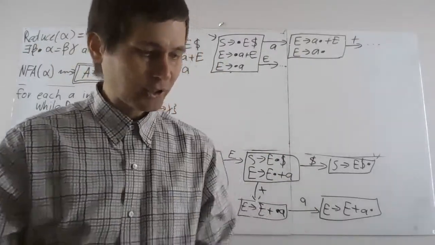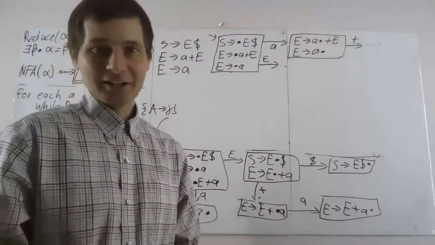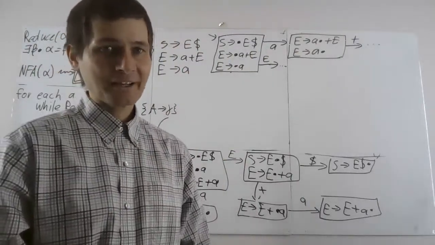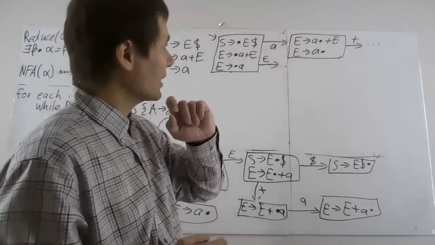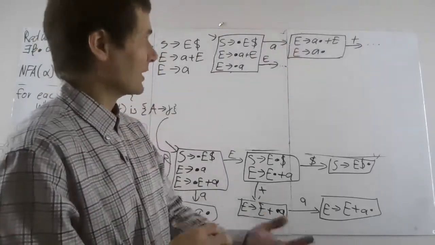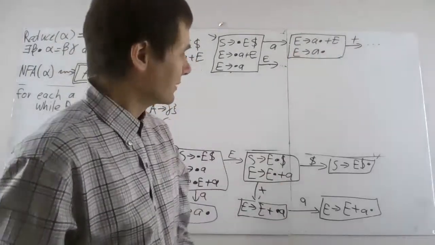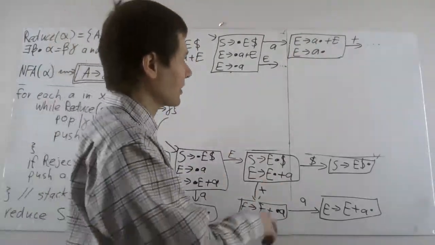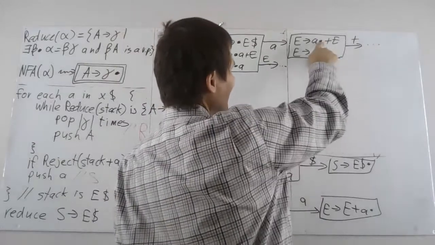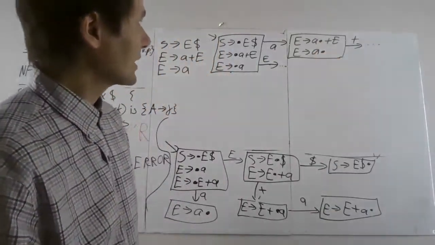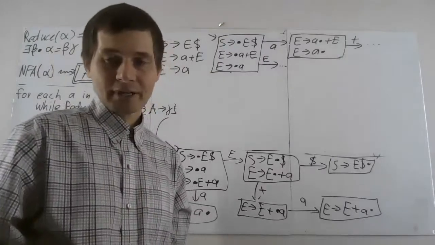I probably should, and I'll let you build the whole DFA as an exercise. But to demonstrate the issue, I don't need the rest of the DFA. I have a conflict here: a shift-reduce conflict, because I have a state where the dot is at the end and another state where the dot is not at the end.